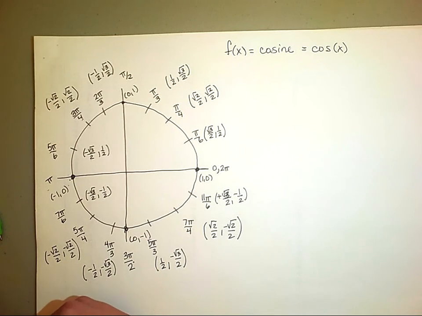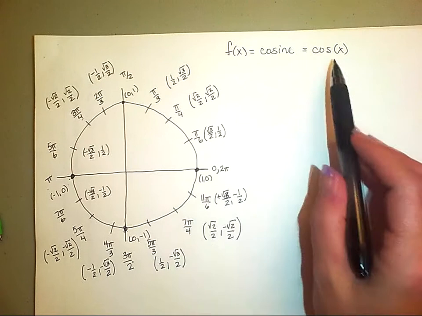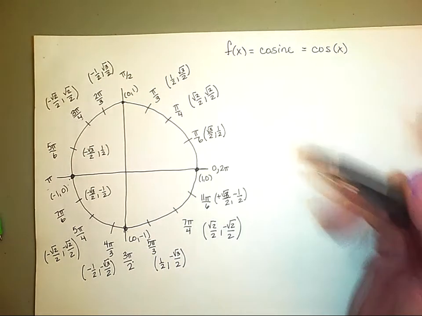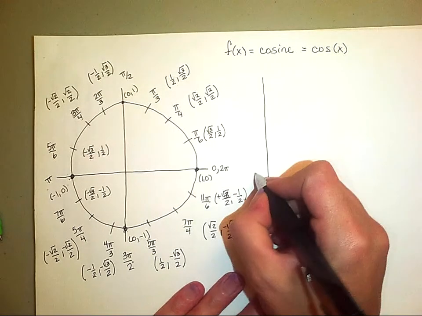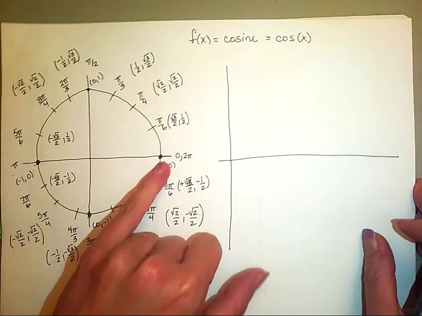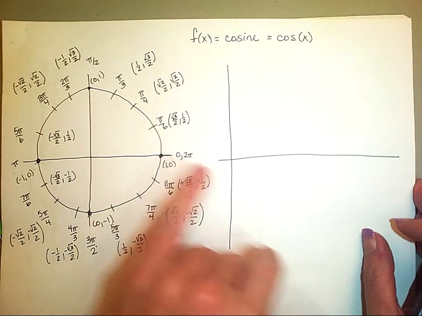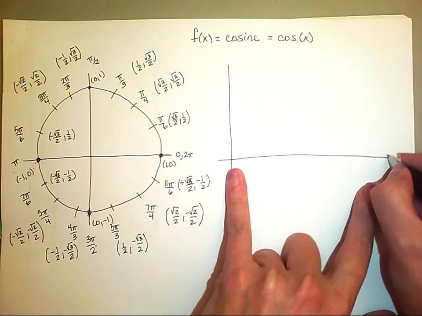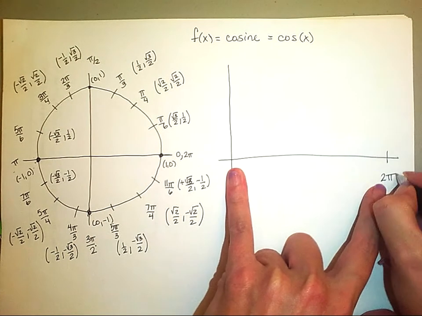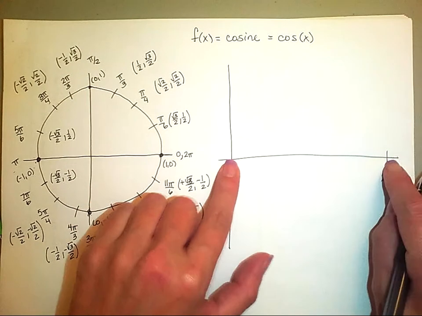Now at this point in time, what we're concerned about is our cosine values, which are the x. Once we go around the circle once, we will have completed the cycle. So let's pick some amount, we'll say from here to here, and that will represent walking all the way around the circle.